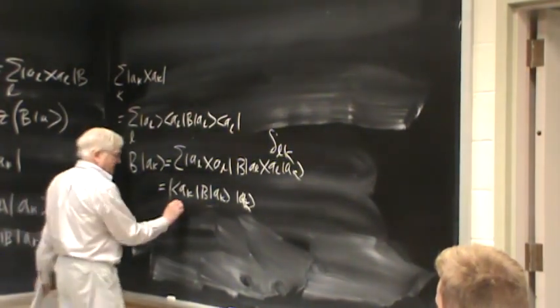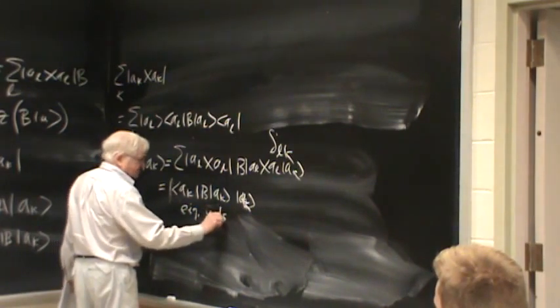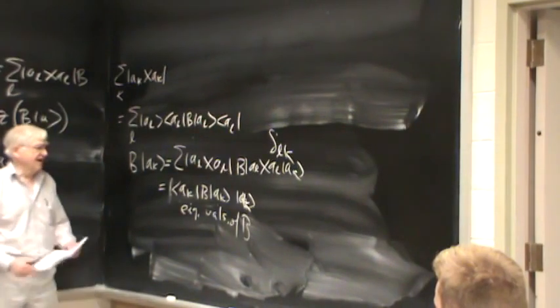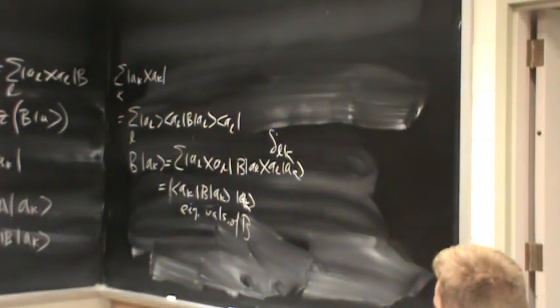So these are the eigenvalues of B. So the eigenvalues of B are then the diagonal matrix elements of B in the eigenvector basis of A.